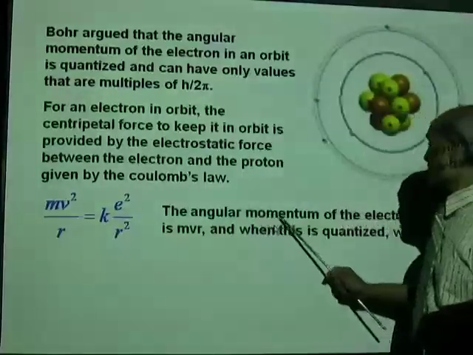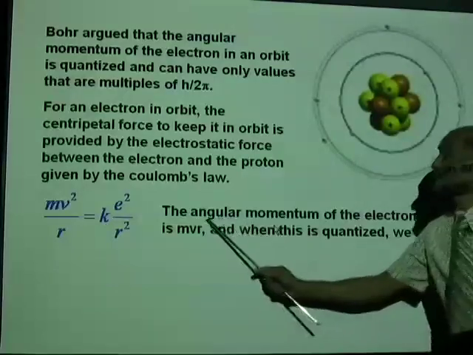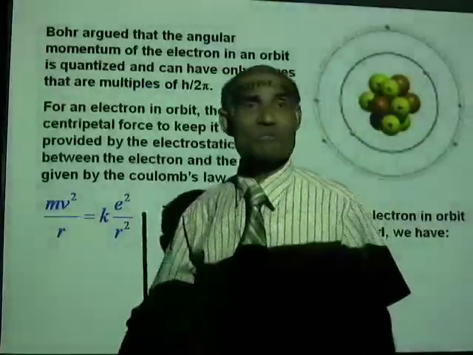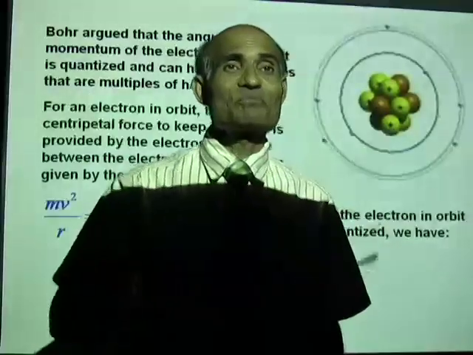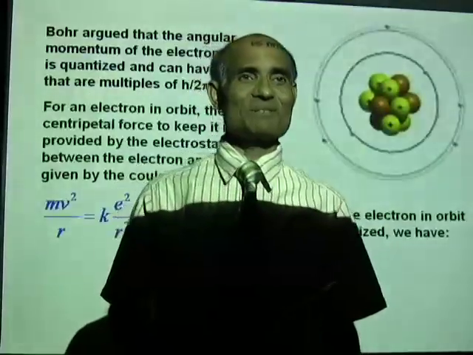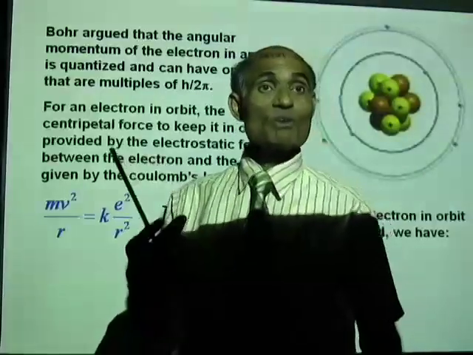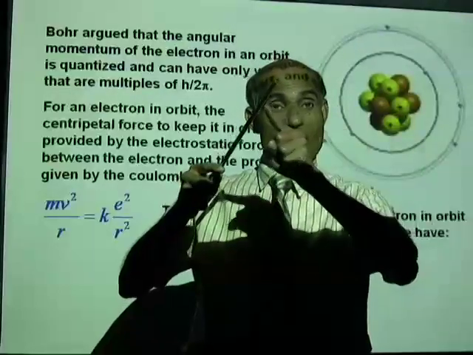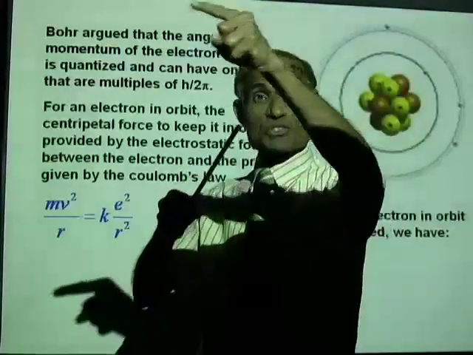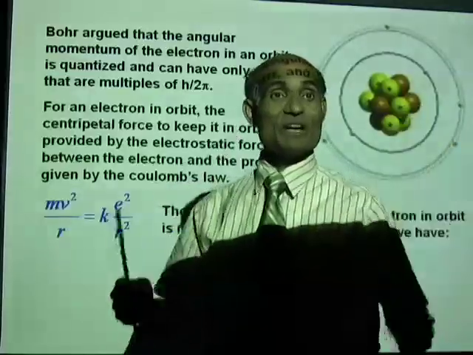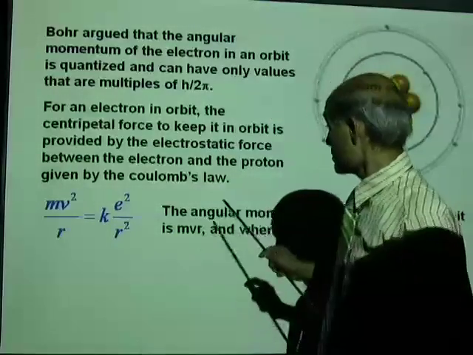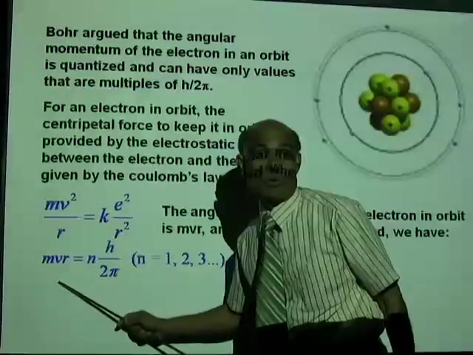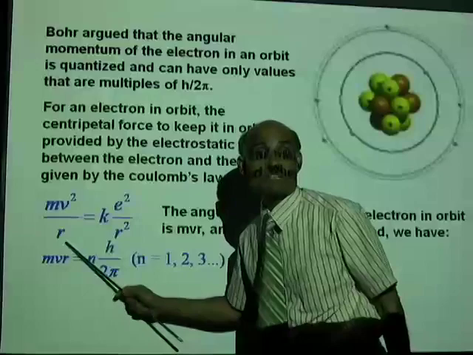Now, the angular momentum of the electron in orbit is m times v times r. How many of you recall that from the first part of physics we did last semester? The angular momentum of an object of mass m moving with a velocity v at a distance r from the axis of rotation is m times v times r. We're going to use that over here. And according to Bohr, that angular momentum is quantized.